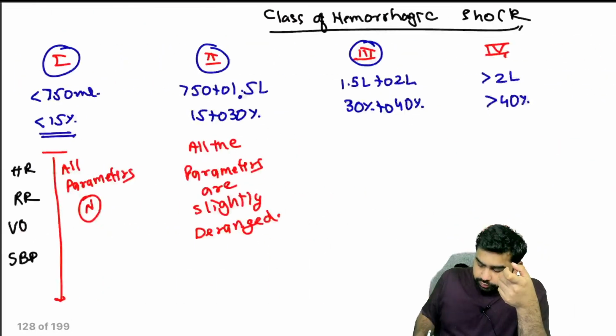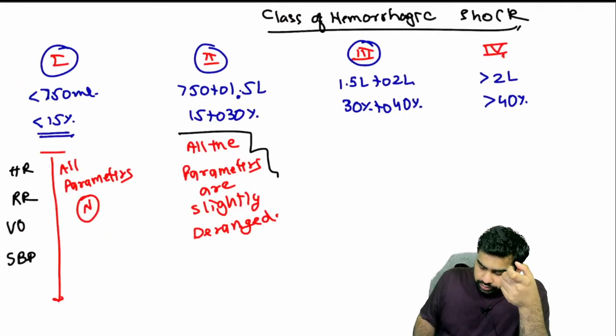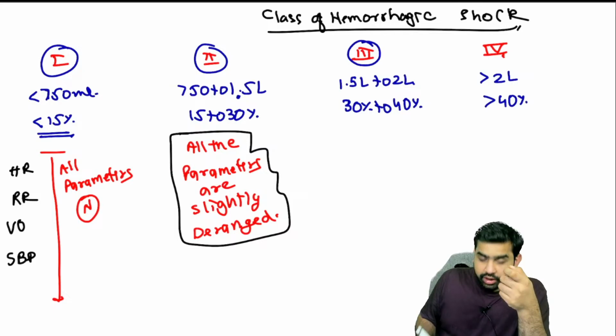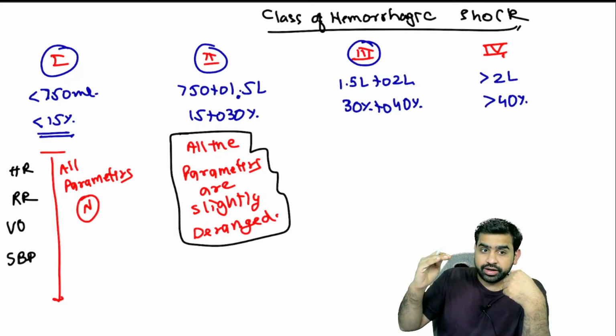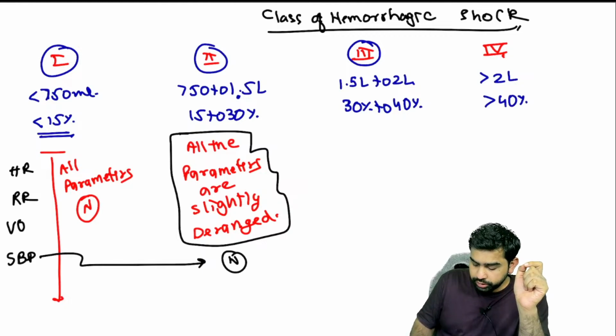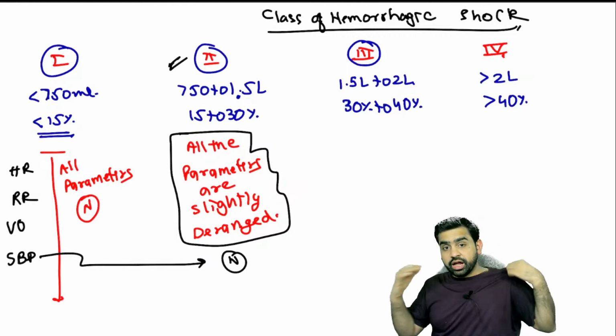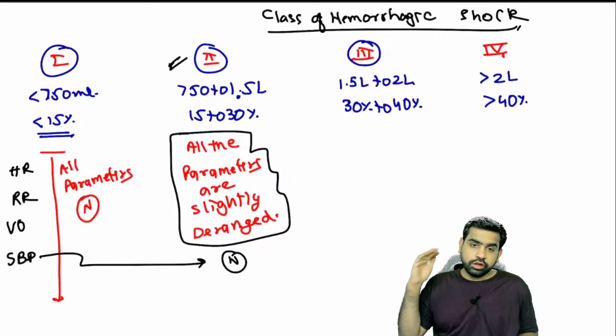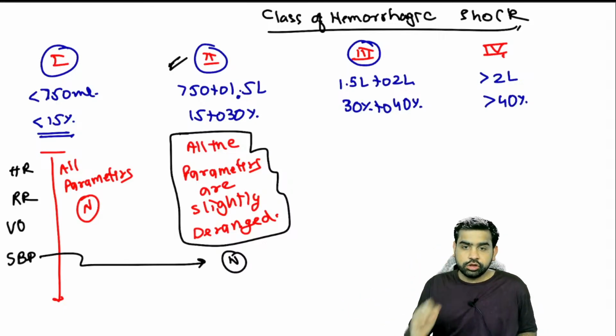In other words, heart rate is slightly increased, respiratory rate is slightly increased, urine output is slightly reduced, but the systolic blood pressure is normal. So in class 2, all the parameters are slightly deranged, but the systolic blood pressure is normal.